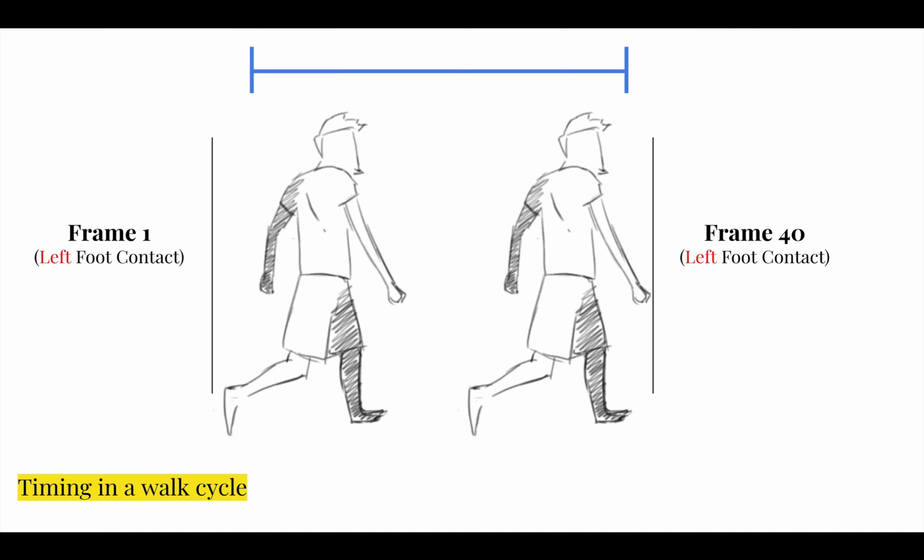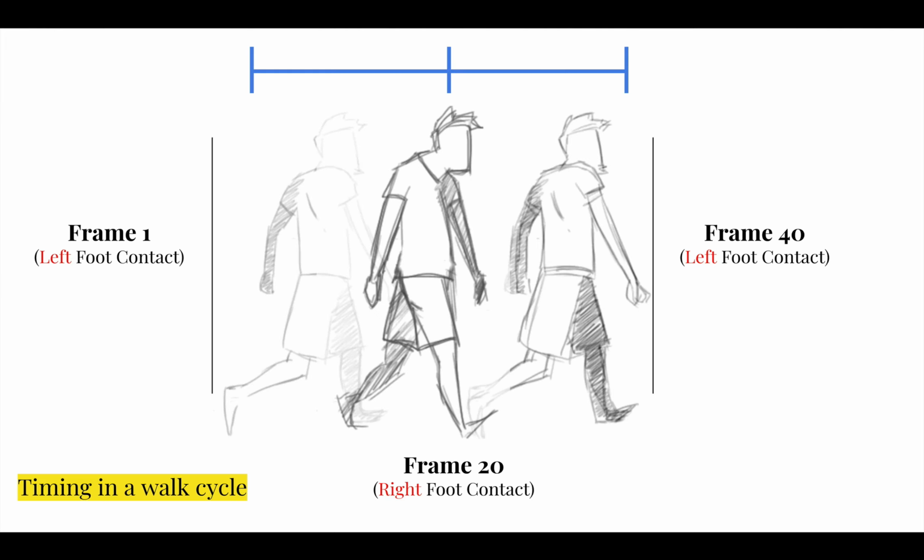Now, since this is going to repeat itself, by the 40th frame, the very last frame, we want it to be doing the same thing, having the left foot making contact and the right foot being picked up. Now, in between this, we know halfway his right foot should be making contact, and his left foot should be picking up. So at frame number 20, halfway on our timeline, we draw halfway through the cycle.